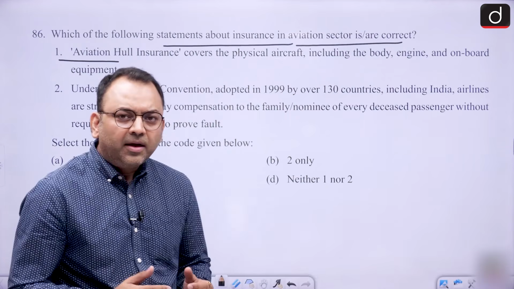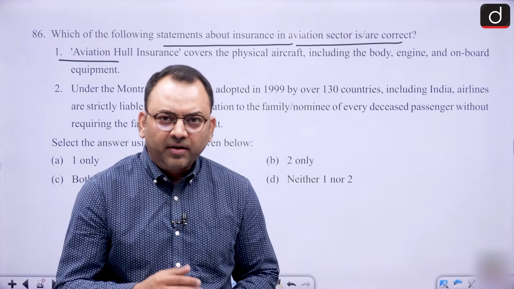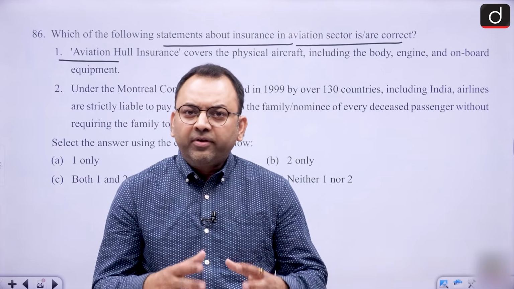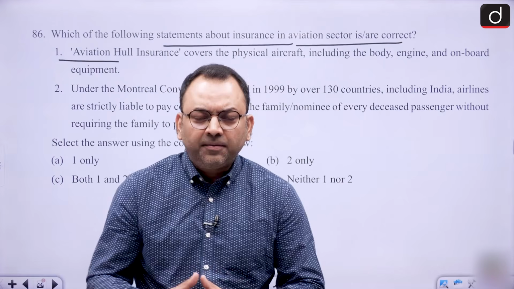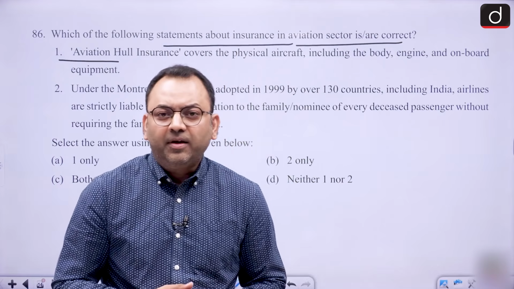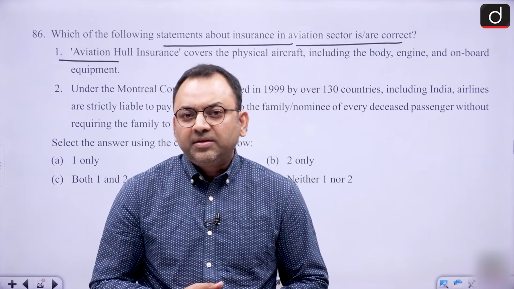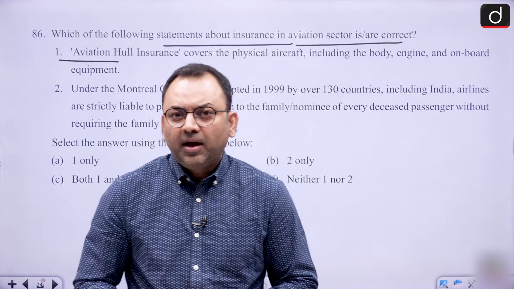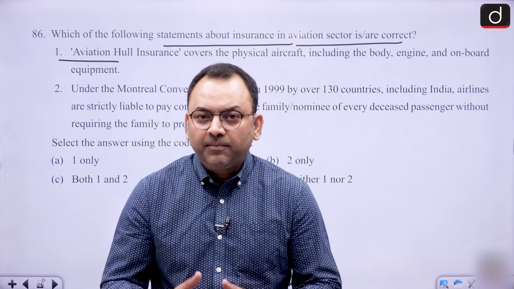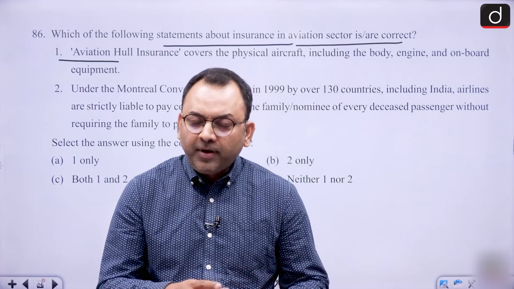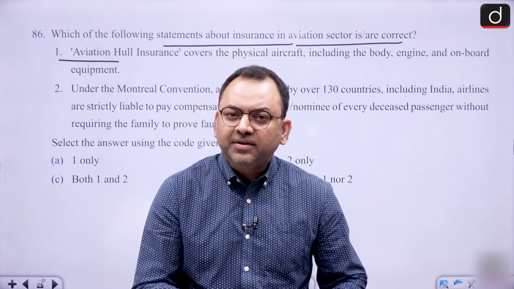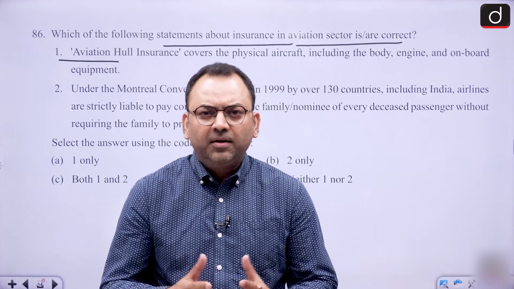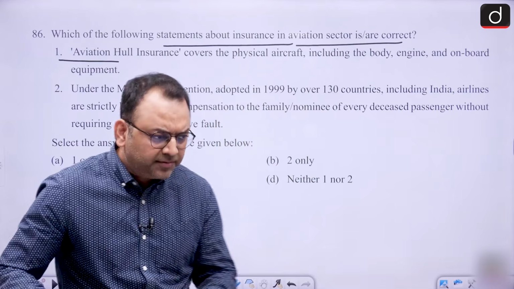And international travel has risks, and that's why there is the Montreal Convention of 1999, which says that only in the case of international travel, if there is a loss of life, a crash, a delay or loss of baggage, the passengers have a right of claim on the airlines, and the government of the country where the event took place will have to enforce the liability on the airline companies.